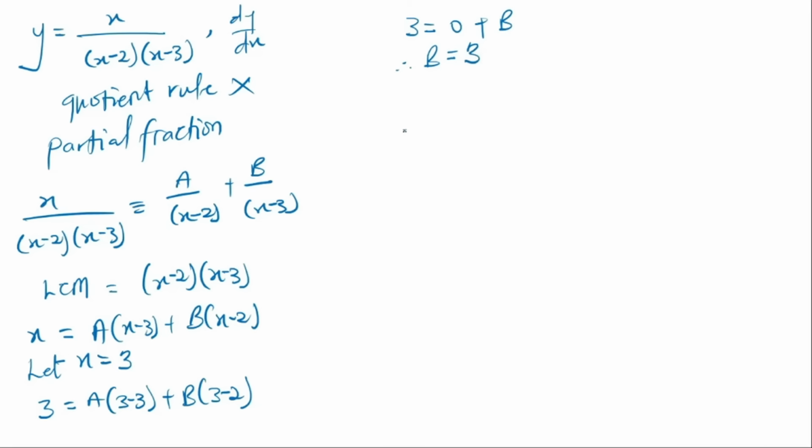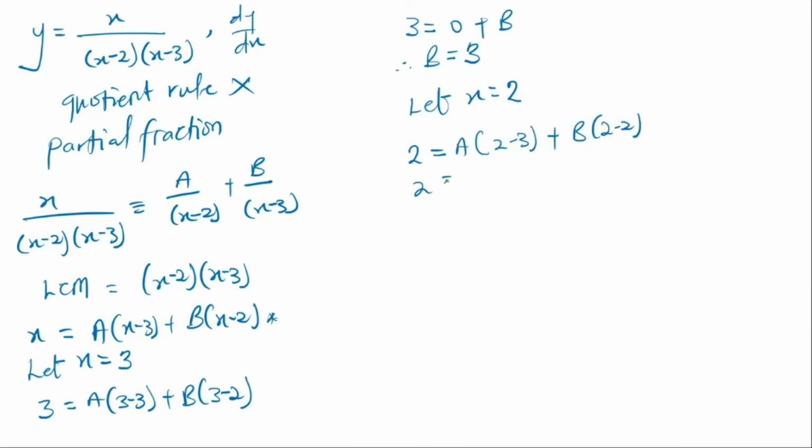Now again, let x be equal to positive 2. We can see that here can also be dealt with. So we are still using this function to find both. So x over here is now 2, giving 2 = a(2 - 3) + b(2 - 2).